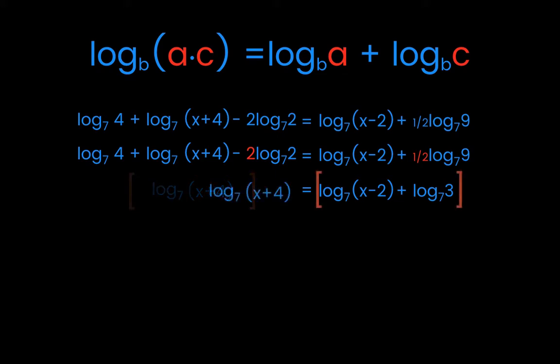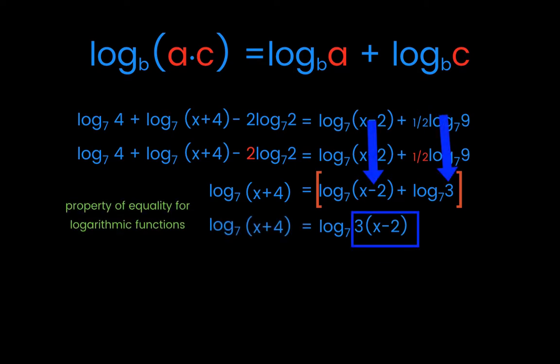Now I'm going to put my focus on the right side and condense that. They're all the same logarithms, and I have the plus sign, so as you know, I can use my product property, condensing that to 3 times x minus 2.